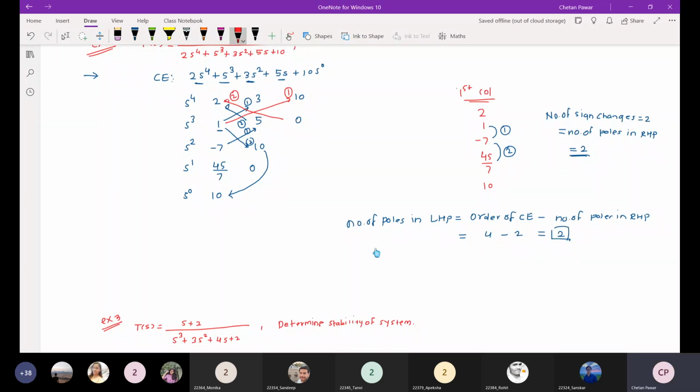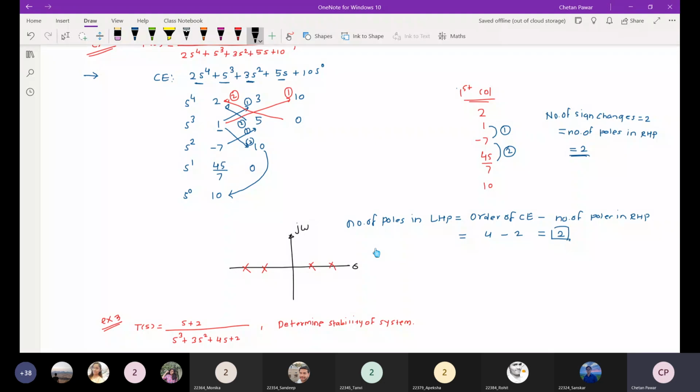So you just approximately draw the pole location. So that will be like 2 poles in the right hand side and 2 poles in the left hand side. Okay, so this is the approximate, not an exact location, but by using this you can determine the stability of the system.